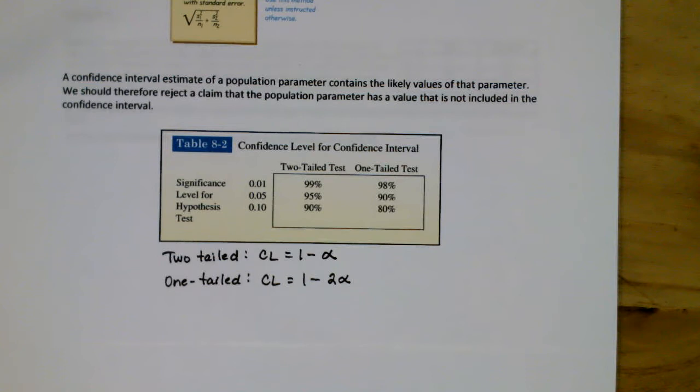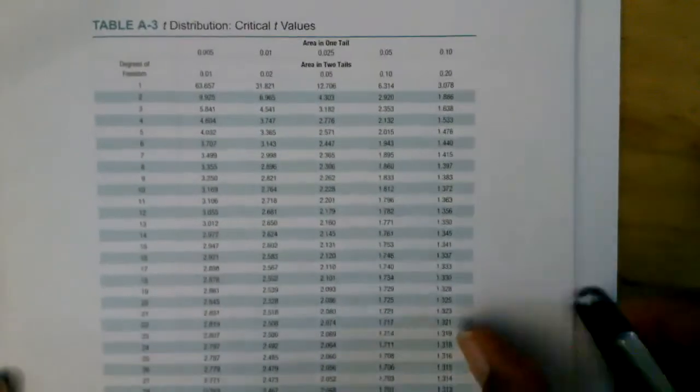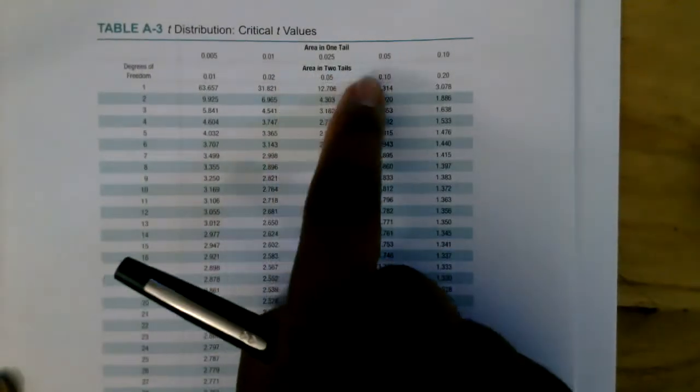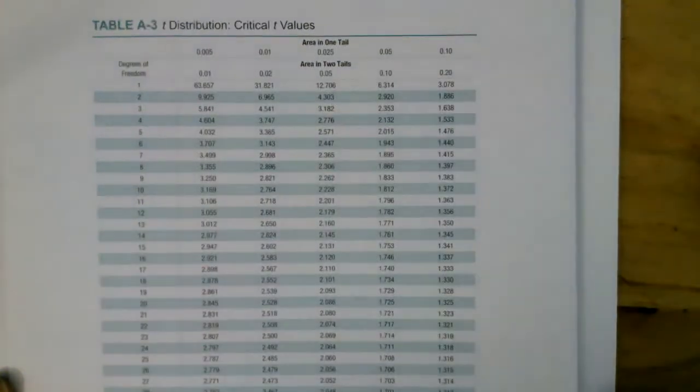Because when you use table A-3, when you're doing the confidence level, you only use the area in 2 tails only and nothing else, okay? So if you recall table A-3, this is it. We only use the area in 2 tails when you're finding your critical t values.